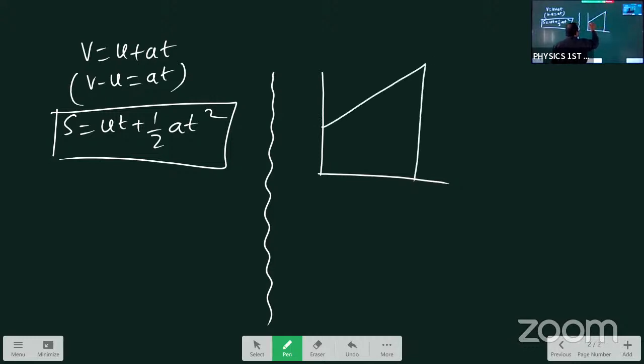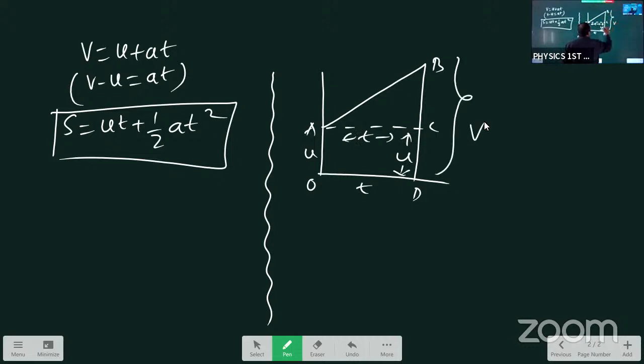This graph is the most important thing. Keep points O, A, B, C, D. Here T, here also T, U, U. Here V, here U. What is the balance? V minus U. This graph is most important for 1 mark.